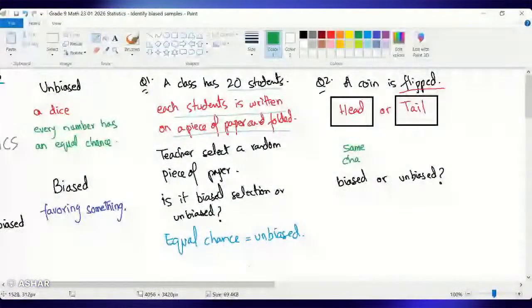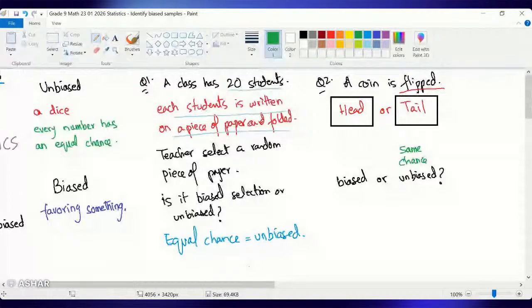So when there is nothing specific, that means they both have the same chance. Same chance. That means they are unbiased. There was one head and one tail.